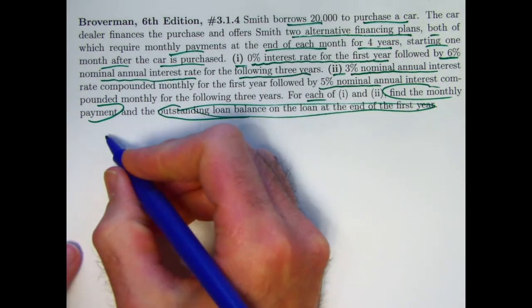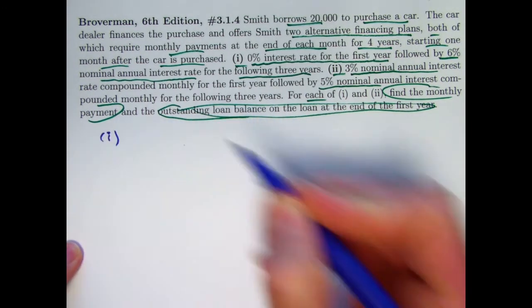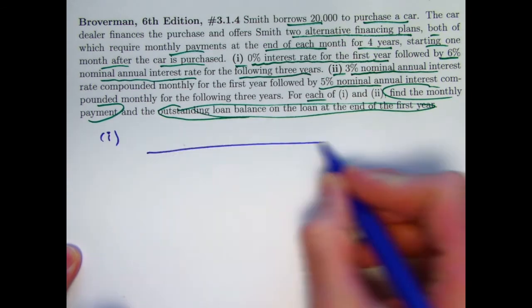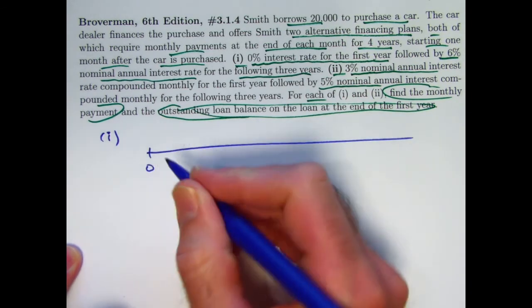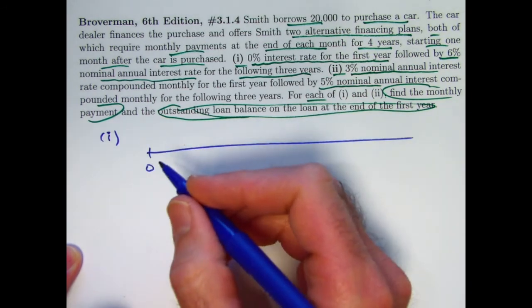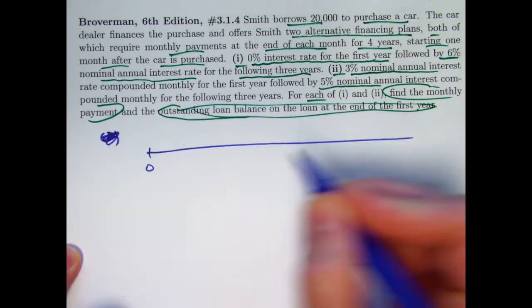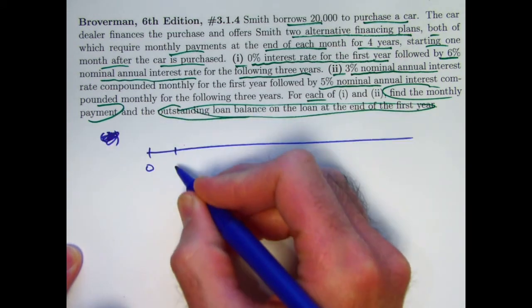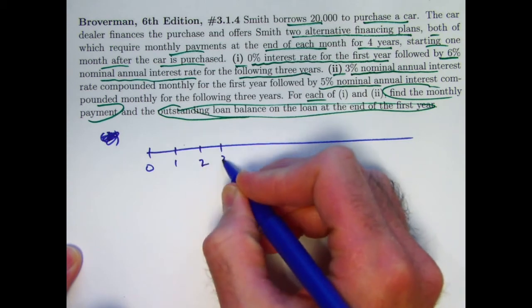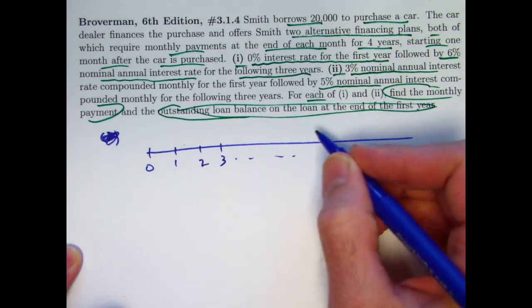All right, let's think about option 1 first. Actually, maybe I should consider both options at the same time here. Let's just draw one timeline, 0, 1, 2, 3, etc. up to 48 months.